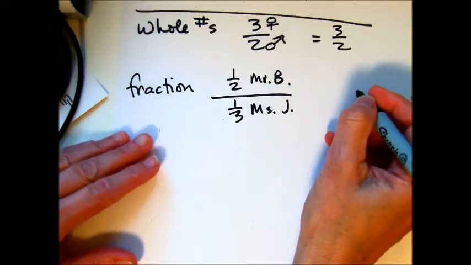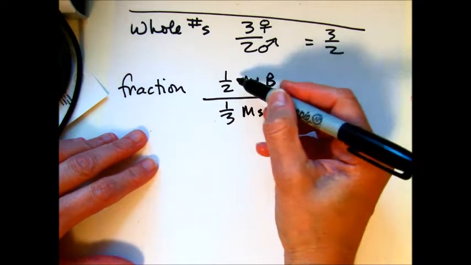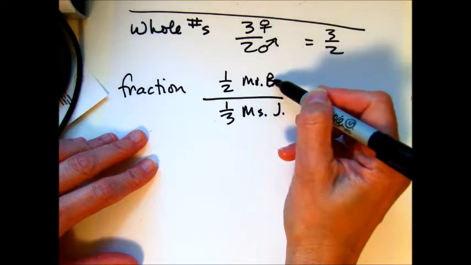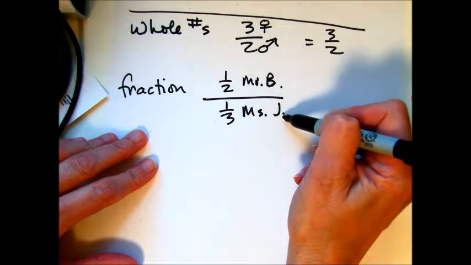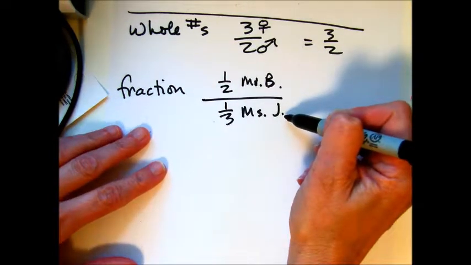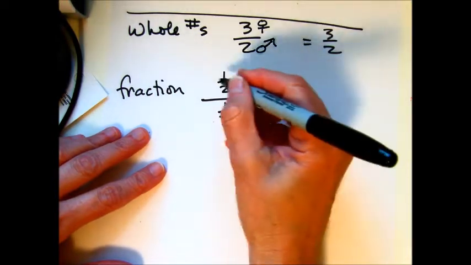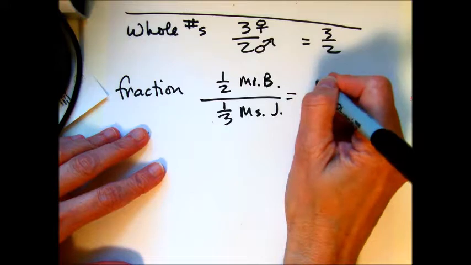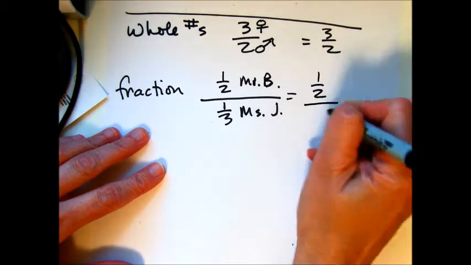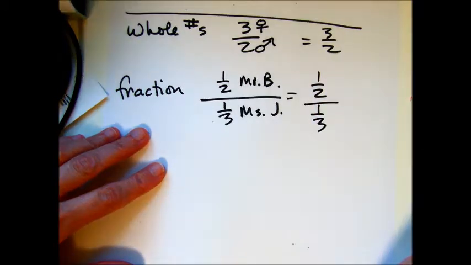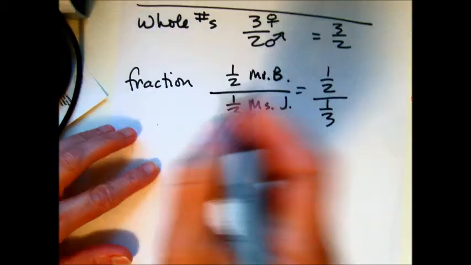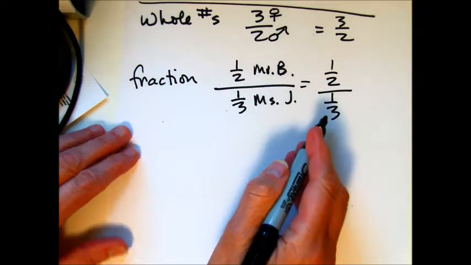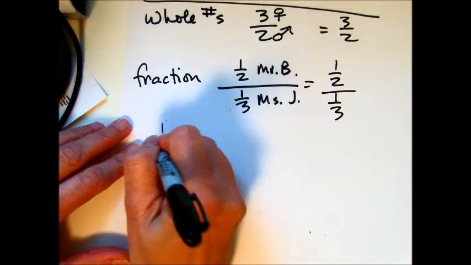So here we're comparing two things, Mr. Brown's class and Ms. Jones' class. But remember, we're going to write this as a complex fraction, so it'd be 1/2 over 1/3. And so we'll go ahead and simplify this by dividing.